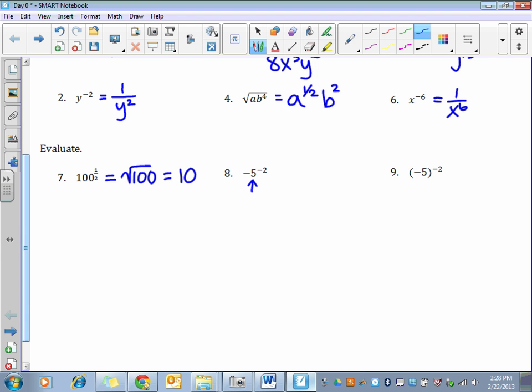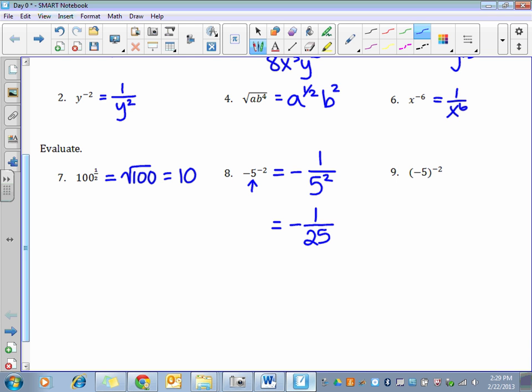The negative is not part of this exponent, and so I'm just going to leave that there because it's not part of the exponent. The 5, however, is raised to the negative 2 power, which really means that we're going to write it as the reciprocal, and it's 5 squared. So this could be simplified to negative 1 over 25.